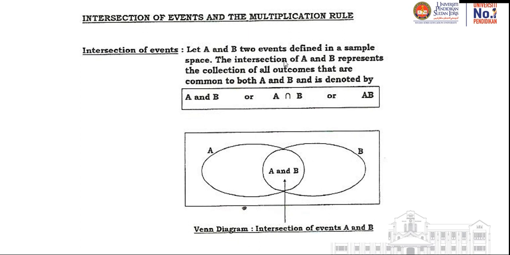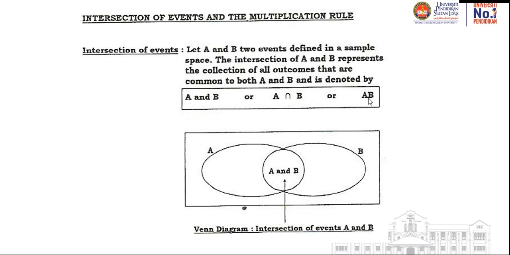The intersection of A and B represents the collection of all outcomes that are common to both A and B. Several notations can be used for the intersection, for instance, A and B, A intersect with B, and AB.